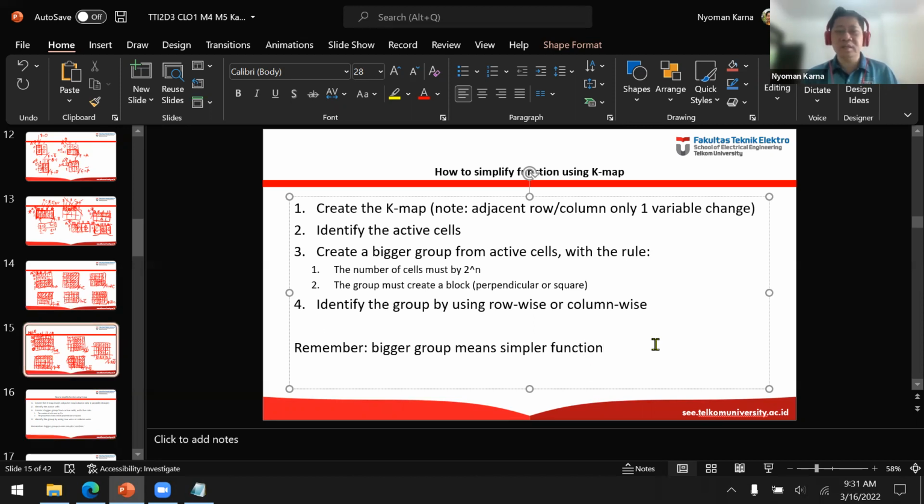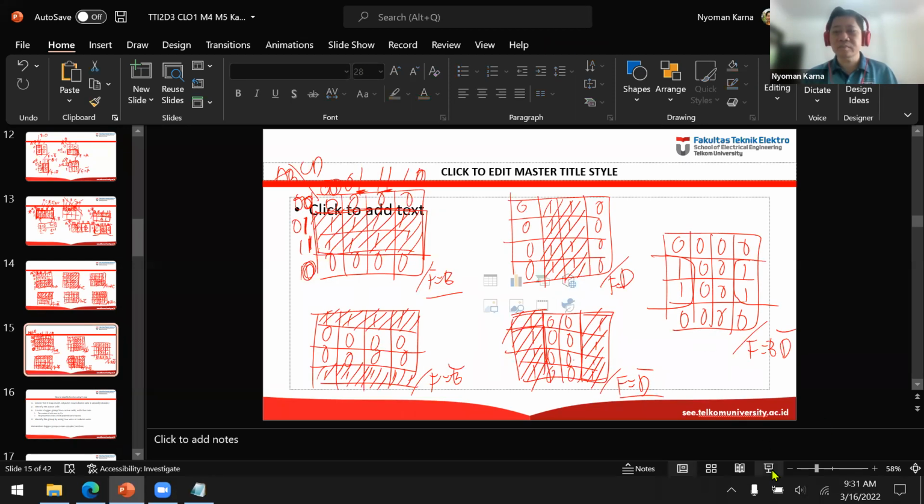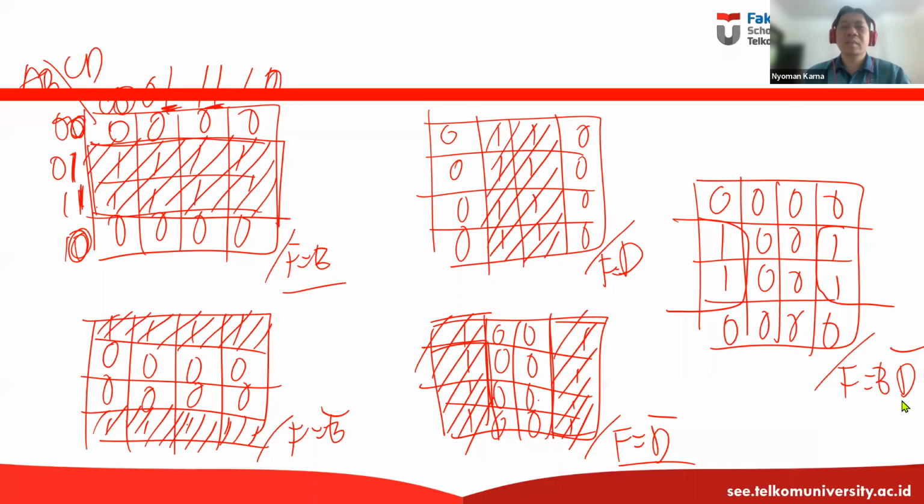For example, like this. Actually, we can identify this big group to become 2 smaller groups, this and this.